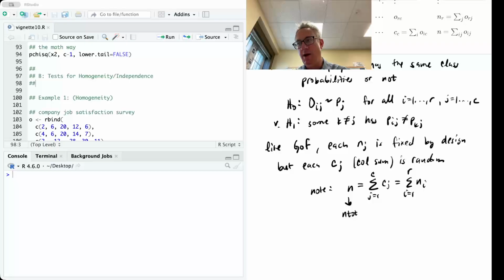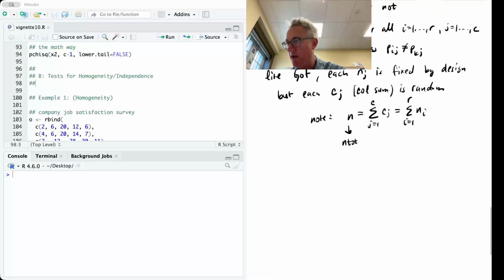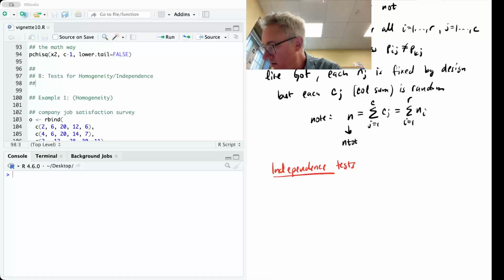Okay, so before I tell you about how we go about doing the test, let me tell you about what's different when we're doing an independence test. So I'm going to change color here to red, and you'll see why in a second. Independence tests are subtly different.